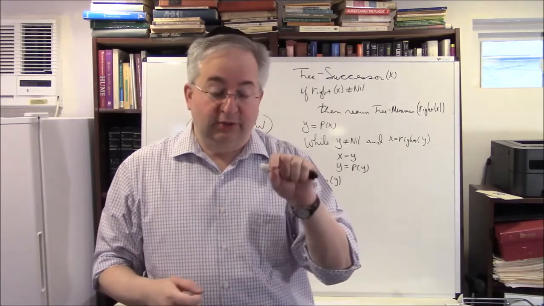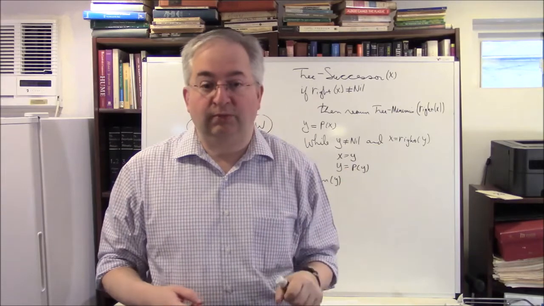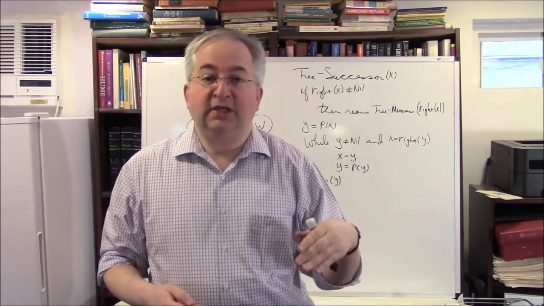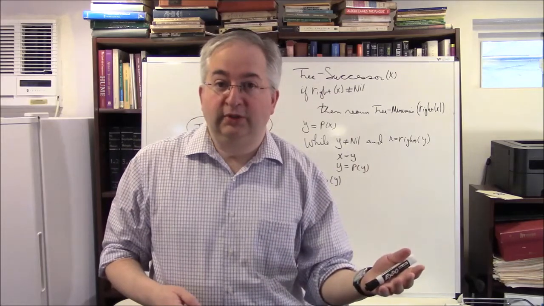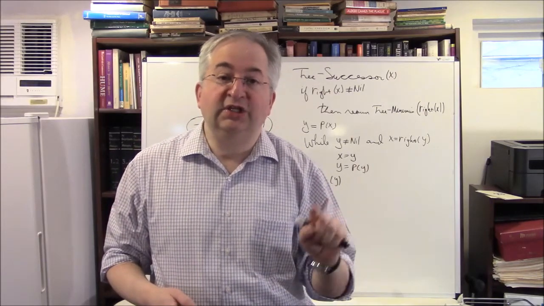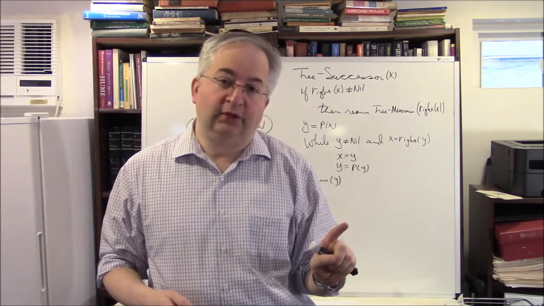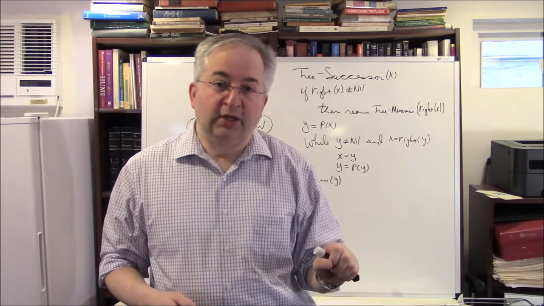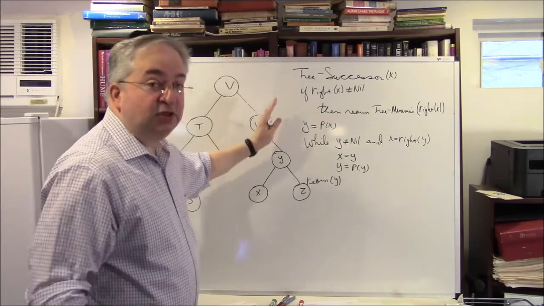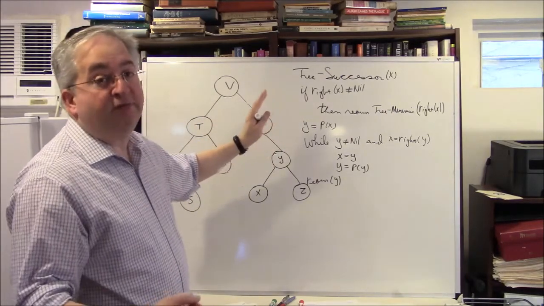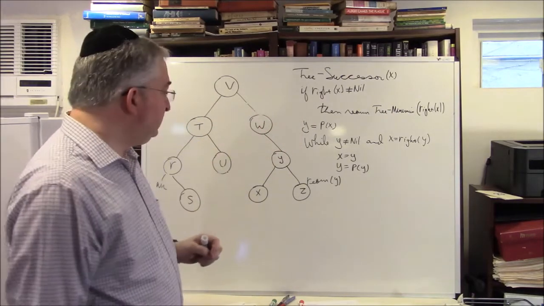Well, the successor is the older person, and the answer is as follows. The successor is older than that person, but he's the youngest of those older than them. So the successor of a thing is on the right hand, it's older, but he's the youngest of the older people. That's the successor.